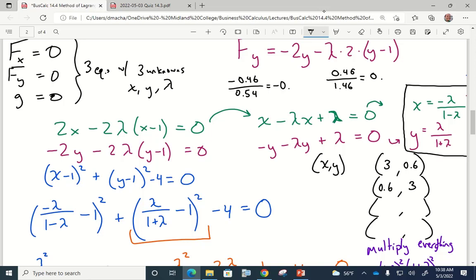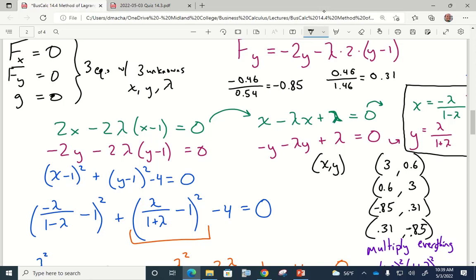Yeah, that sounds right. And what about 0.46 divided by 1.46? 0.31, okay. So negative 0.85, 0.31, and then we'll have 0.31, negative 0.85.